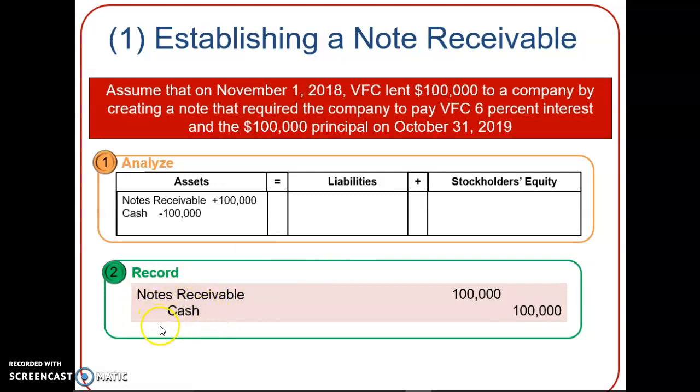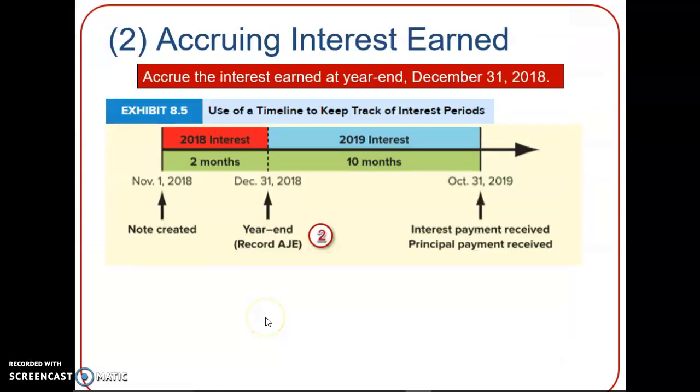We loaned cash out to outside partners, customers, so that's a cash decrease. That's easy to understand. And the second is we have to accrue the interest earned at the year end, December 31st, 2018. Be careful here, we're only accruing for the 2 months of interest income that has happened and that we have earned.